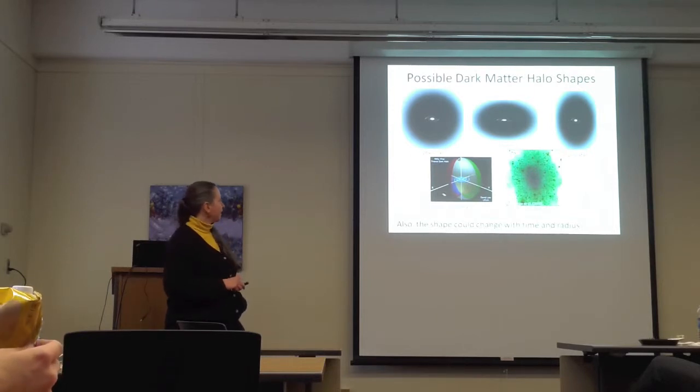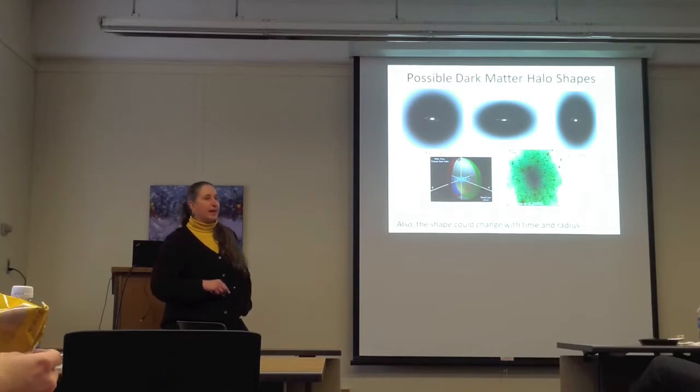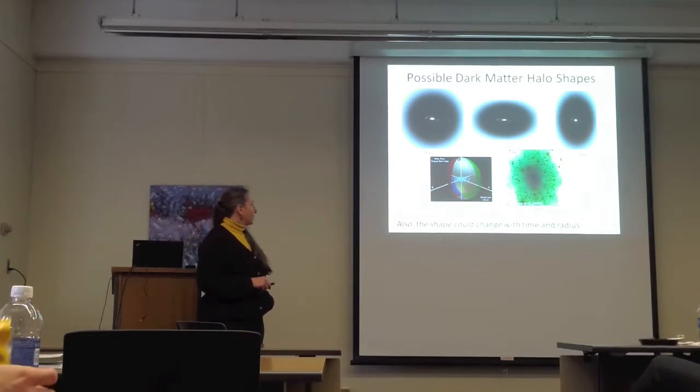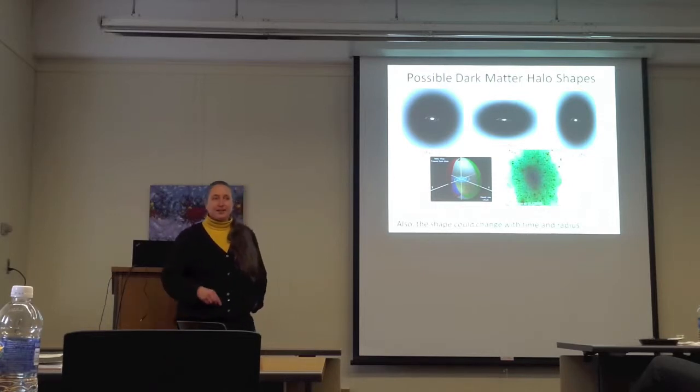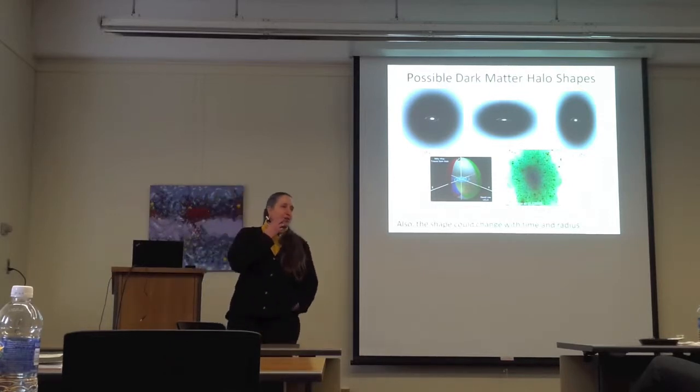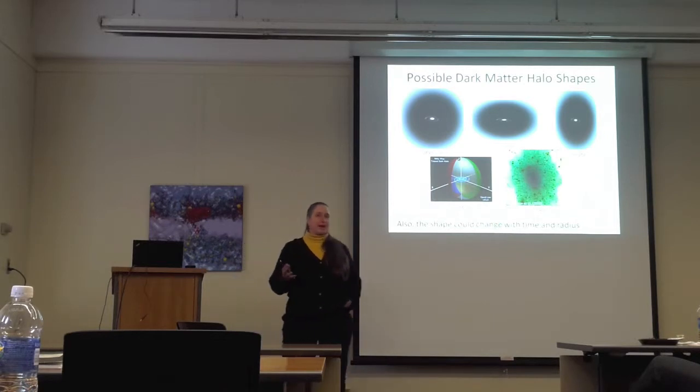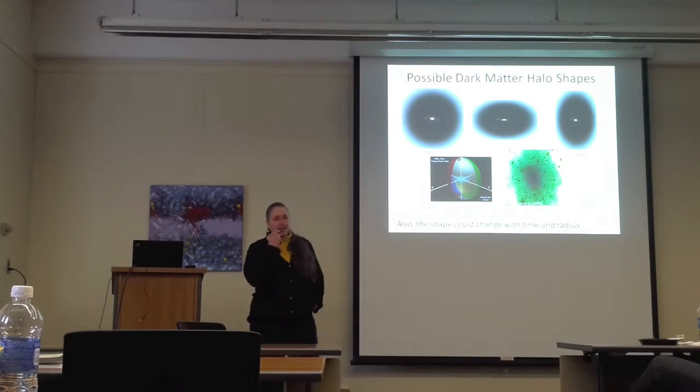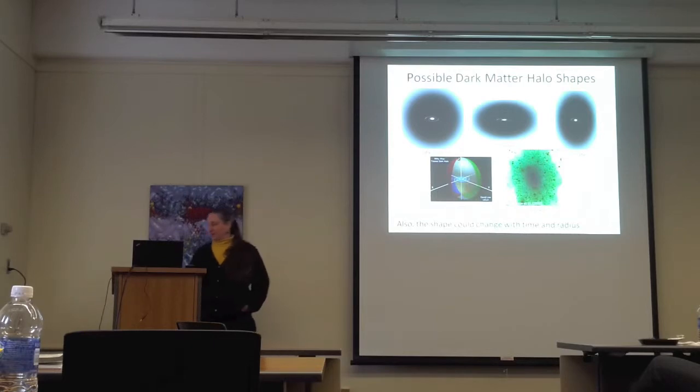There are measurements that think it's triaxial. The simulations of stuff from the beginning of the universe give you this big lumpy distribution. And it's likely that the shape changes with time and is different with radius. So there's all kinds of parameters you can try to fit with this to get this dark matter, but not a lot of ways to try to fit those kind of parameters.